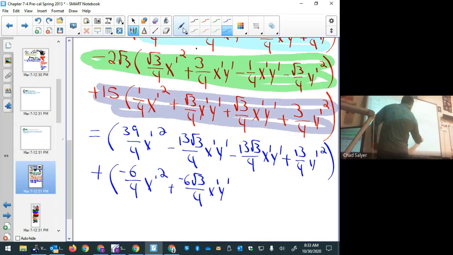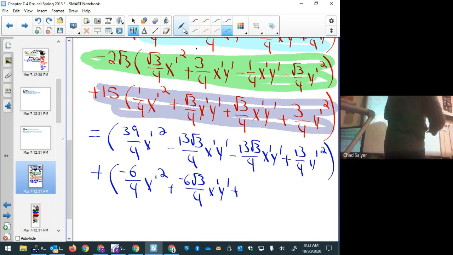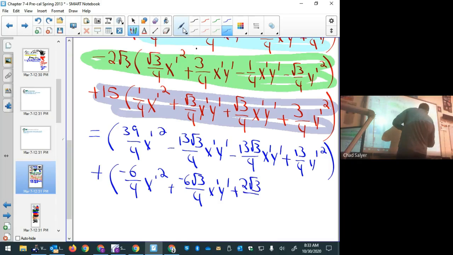X prime, Y prime. And then negative times a negative will be positive. So those negatives will cancel out. And it's positive 2 on the square root of 3 over 4 X prime, Y prime.